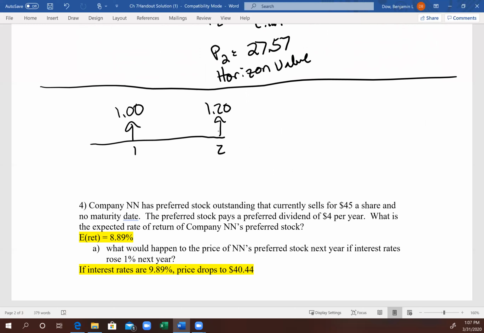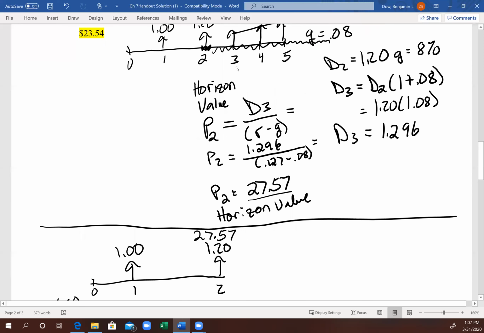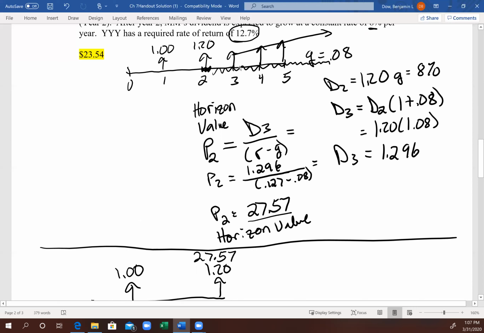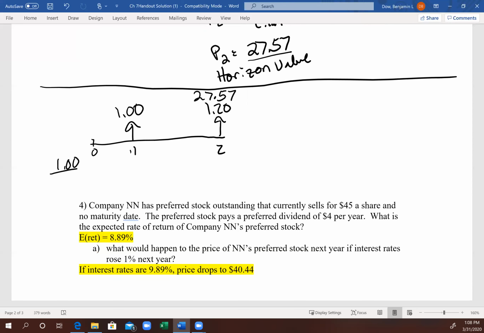And the price in year 2, or horizon value, is $27.57. So what I've done is taken the perpetuity from the beginning of year 3 on and replaced it with this $27.57. Now I have to find the intrinsic value by discounting these cash flows at the required rate of return, which was 12.7%.